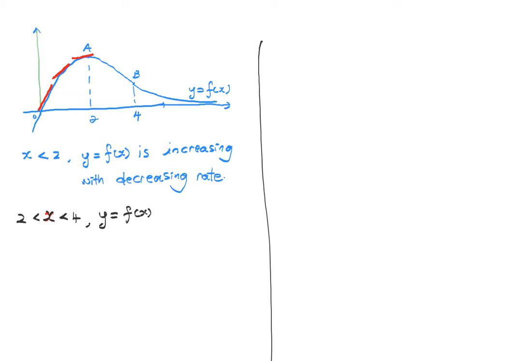You are right. y equal to f(x) is decreasing with increasing rate, because the graph becomes steeper and steeper as it goes down. Got it?